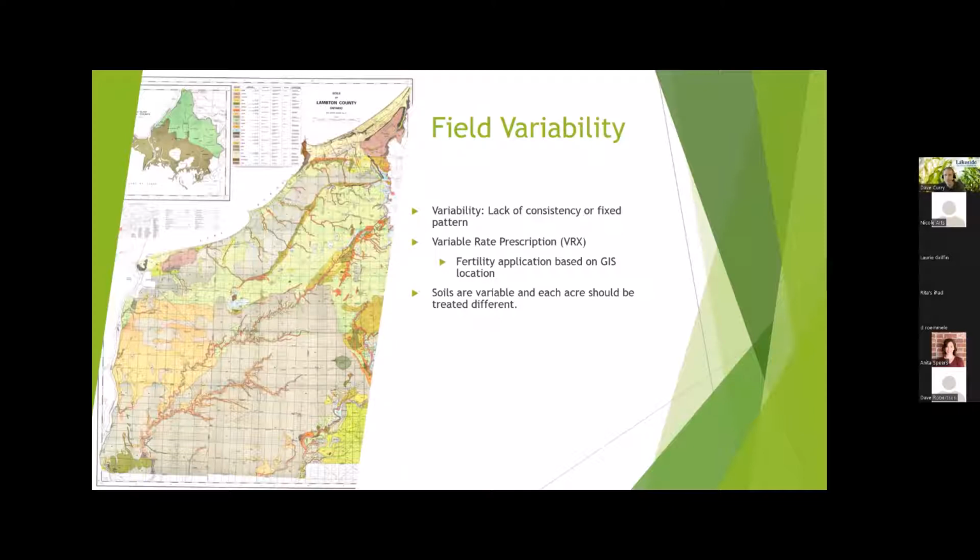And we need to move away from this one rate across the entire field and narrow it down to the acre. Just a neat picture I snagged off the web. It's an old 1970s soil survey map of Lambton County, and I just wanted to point out how, at Lakeside, in the geography that we spread fertilizer on, we're dealing with all kinds of different soil types.